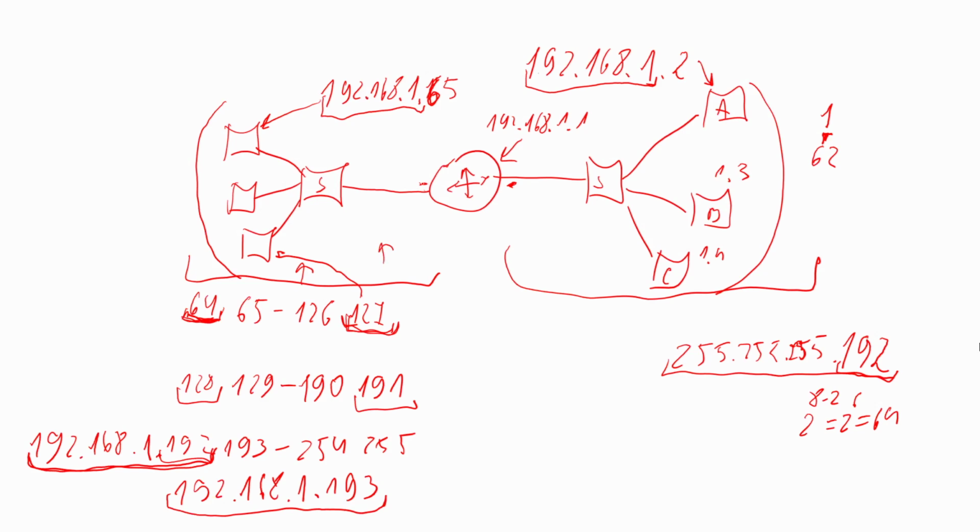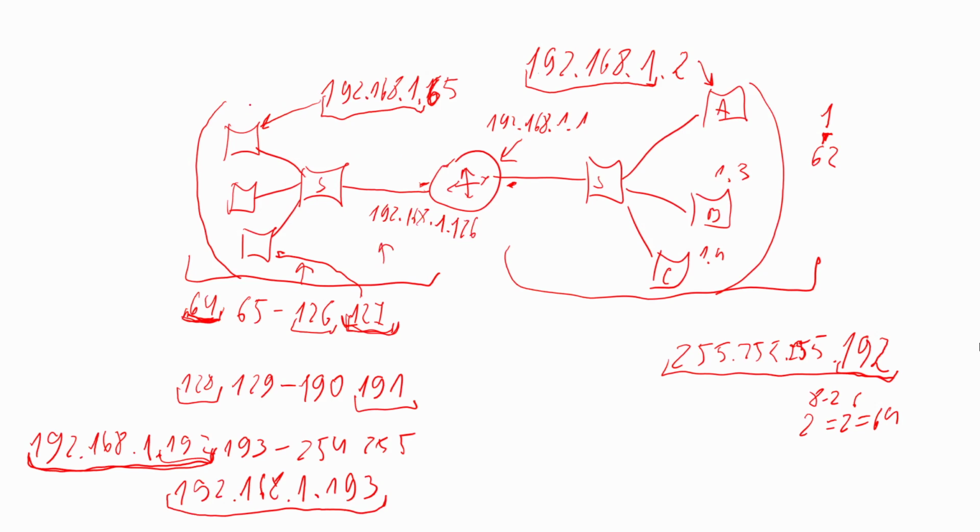So the IP address in this place should be 192.168.1 and can start from the last one, for example. It can be the last IP address in the range. So in this range, the last IP address is 126. So we can give here 126. It's okay.